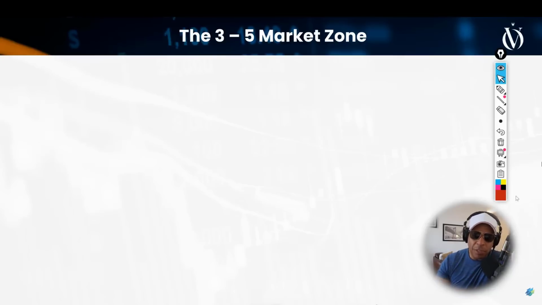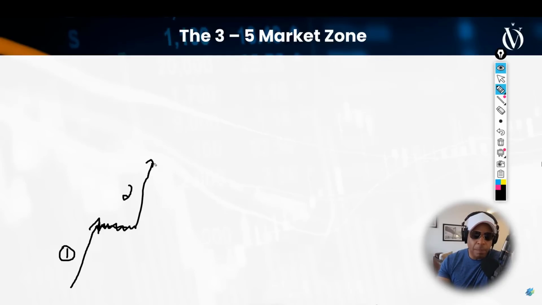All right, let me show you what I'm talking about. Remember I told you that there are 3 types, 3 ways a market can pause. So check this out. Here's market move number 1. Here's pause number 1. This is one move, interrupted by a pause. Boom! Here's move number 2, interrupted by another pause. Remember these 2 pauses, all right?